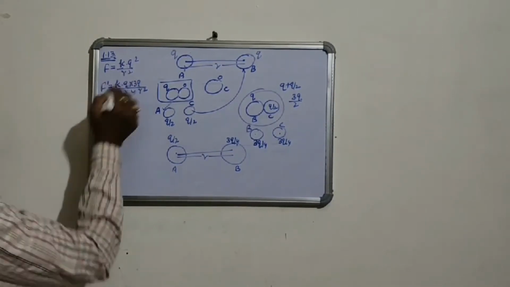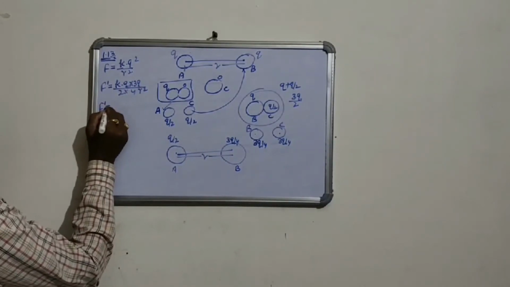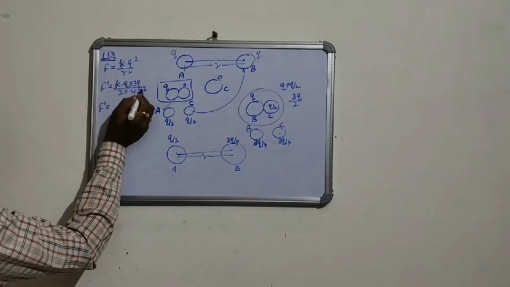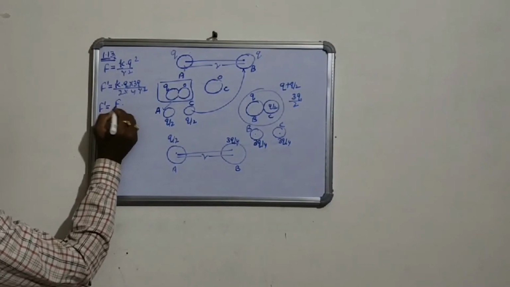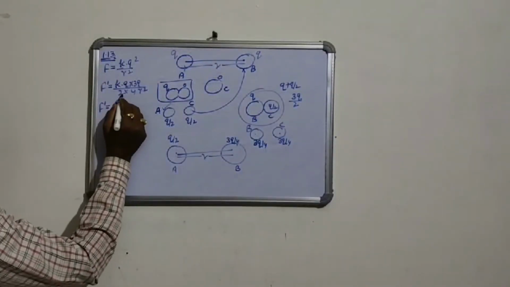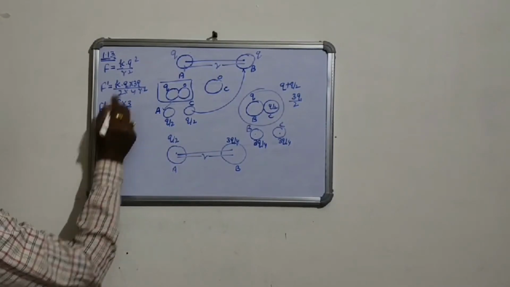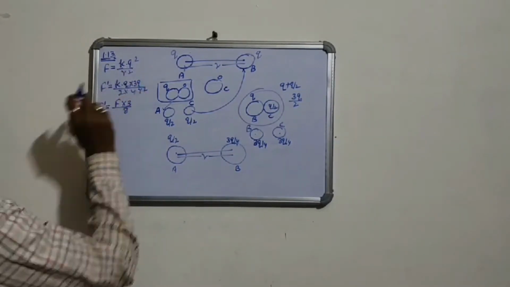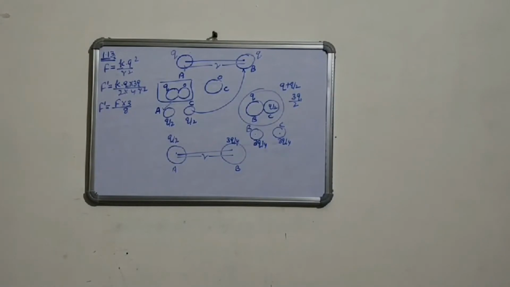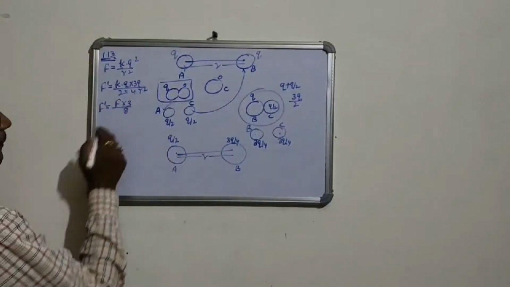Okay, yes. So F dash equals KQ square upon R square, which is F times 3 by 8. So the new force equals 3F upon 8.